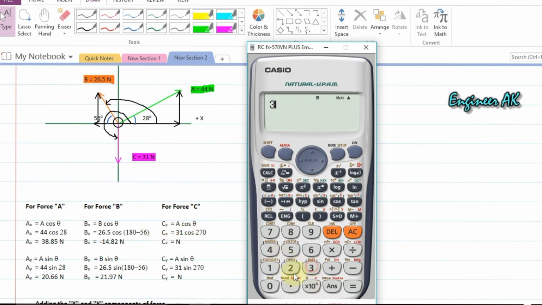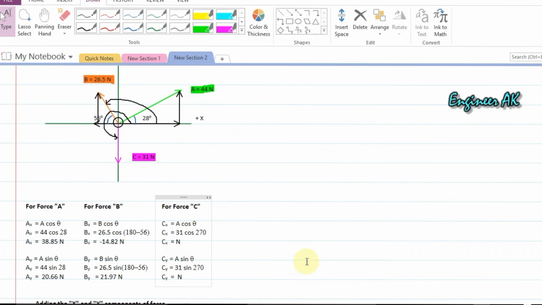It has a magnitude of 31 and cos of 270, so we get 0 because it has no x component, so 0 Newton.